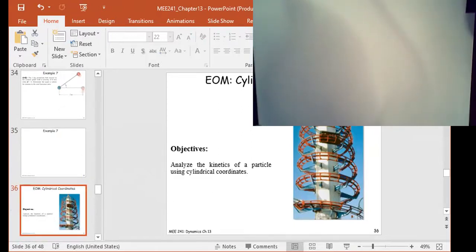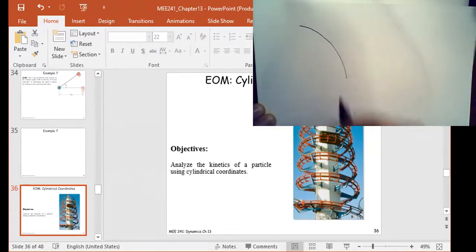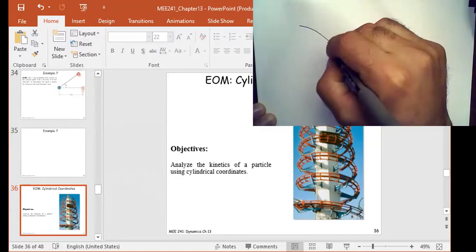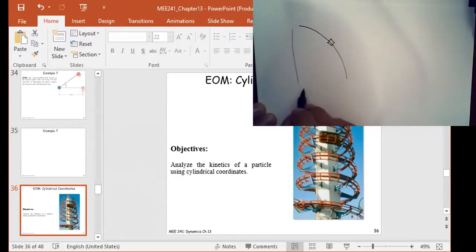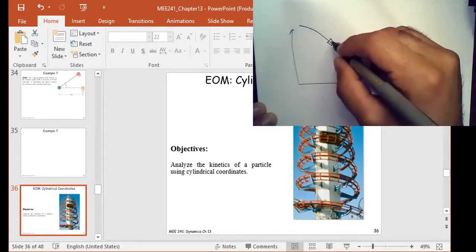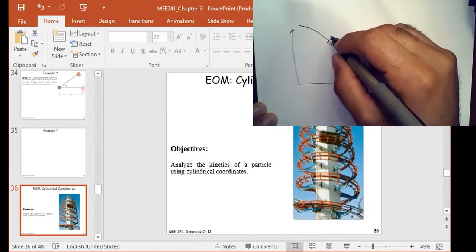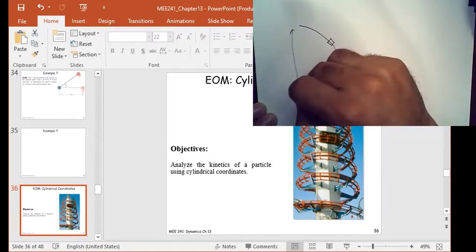Okay, so to recap, if I have basically a collar, if I have a tube like that, and I have a collar on that tube. What we discussed last time is that we now have the ability to find the radial acceleration and the transverse acceleration along the theta direction.